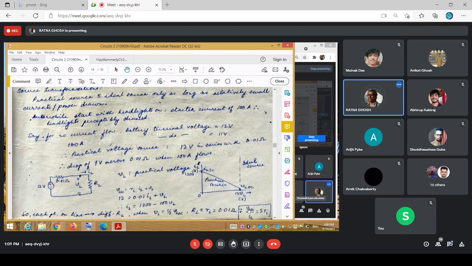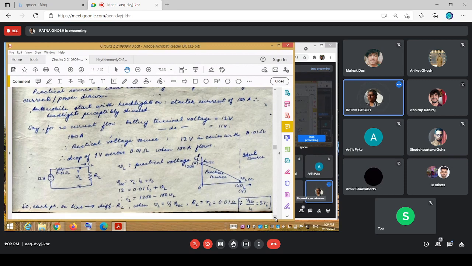This occurs in a scenario where your load resistance matches the internal resistance of the source of the circuit.